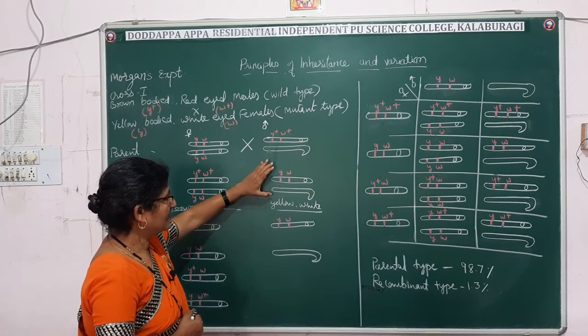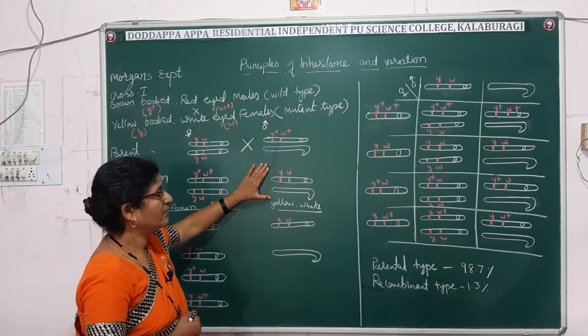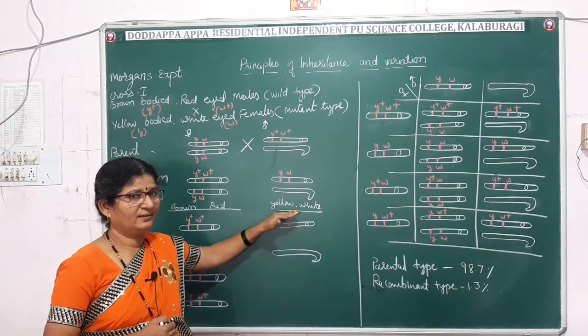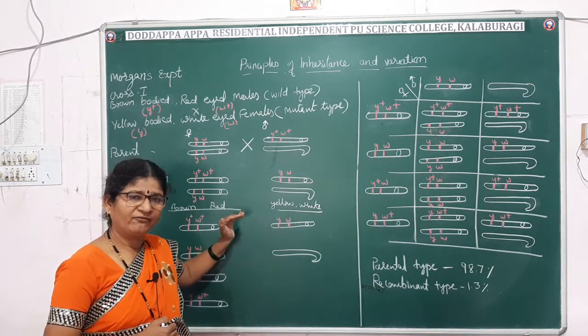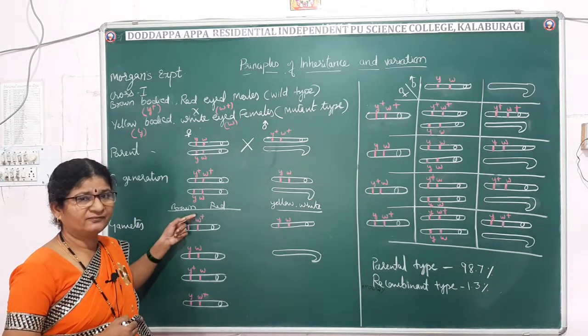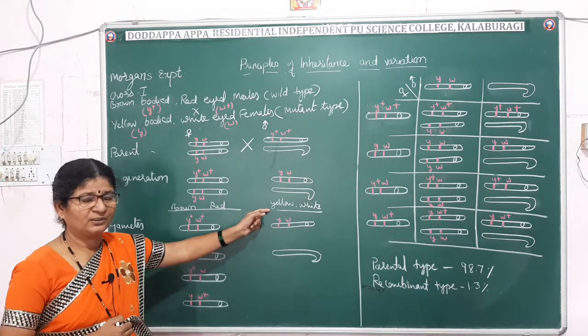So in the F1 generation he got all the females of wild variety and all the males of mutant variety.